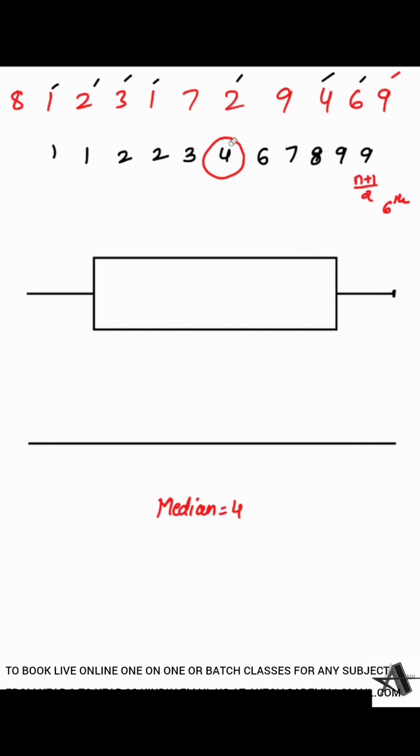The next is to calculate upper quartile and lower quartile. Let me start with lower quartile. N plus 1 by 4 is lower quartile. So 11 plus 1, 12 by 4 is third. So the third term is 2. So I can say lower quartile is 2.